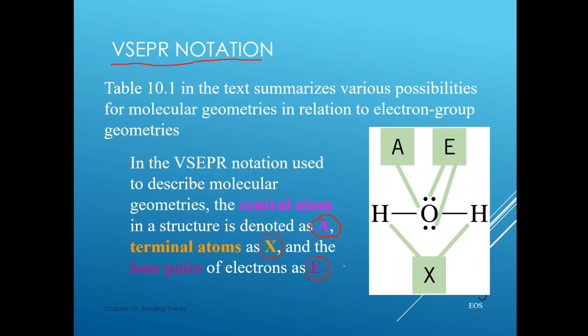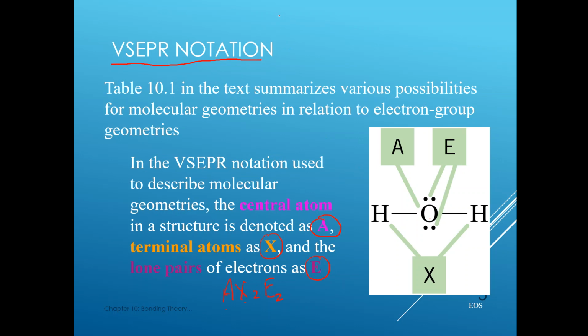So for example, the VSEPR notation for the water molecule, which is shown here, would be AX2E2. A would be the oxygen, X would be the hydrogens, and the E, oh, by the way, this should be 2, represents the electron pairs. There are 2 of them, all right? So that's basically how the VSEPR notation works.